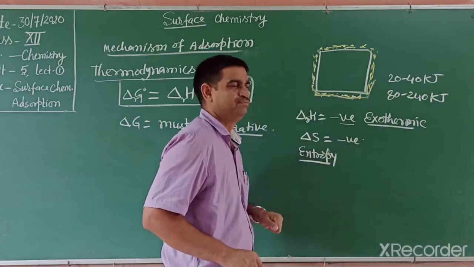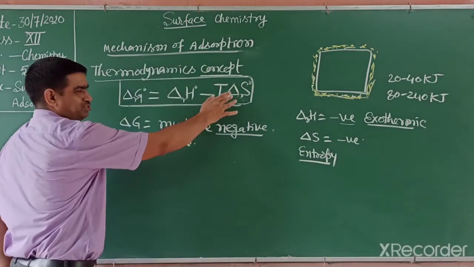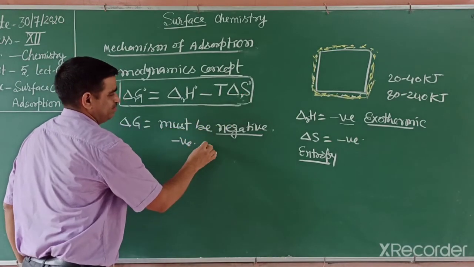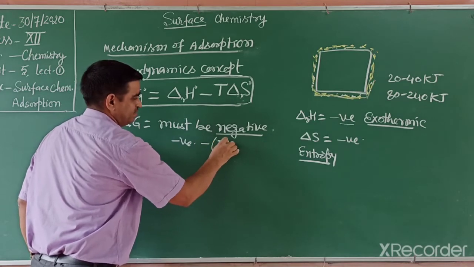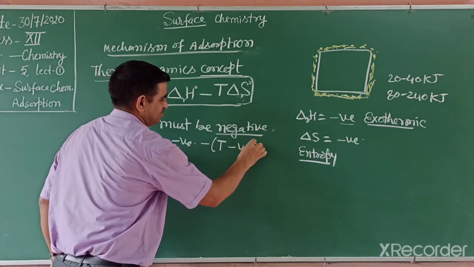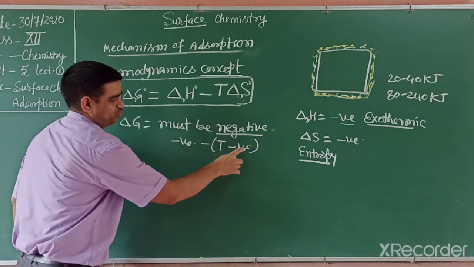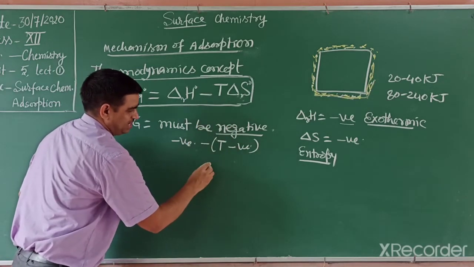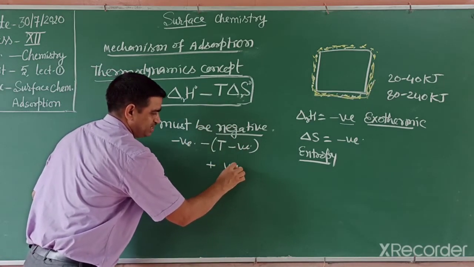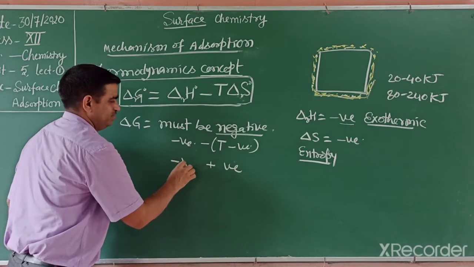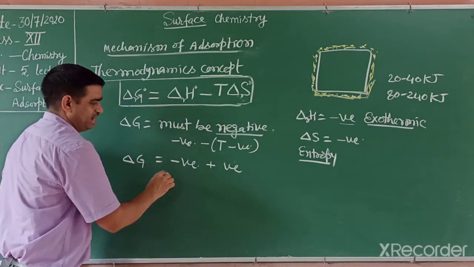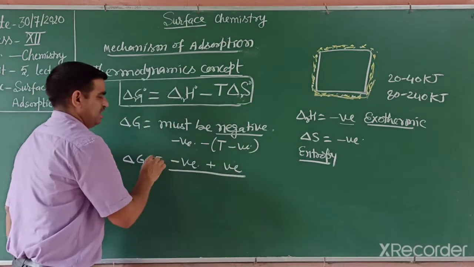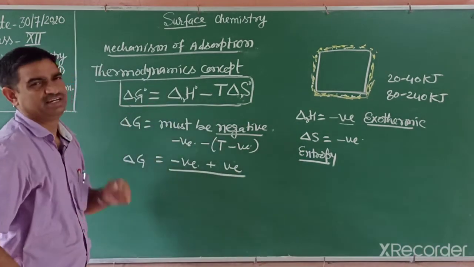So entropy is also negative. When we put this negative value in the equation, it is minus into T, and this value again minus. Students, you can see minus minus is positive, and the enthalpy value is negative. So delta G depends on magnitude.